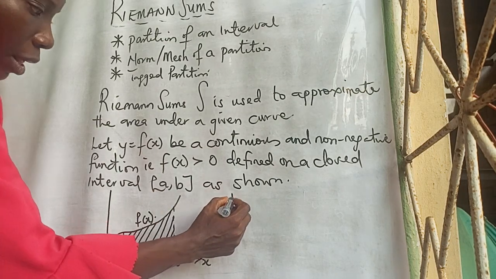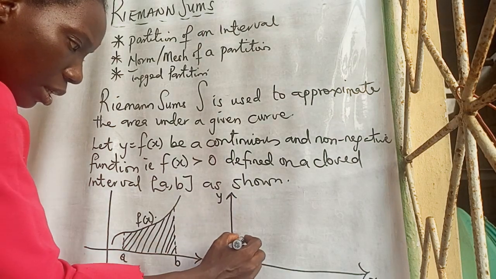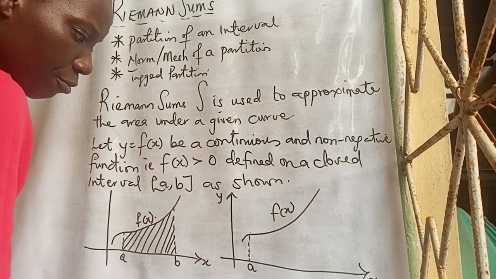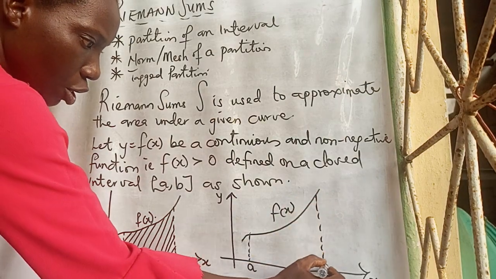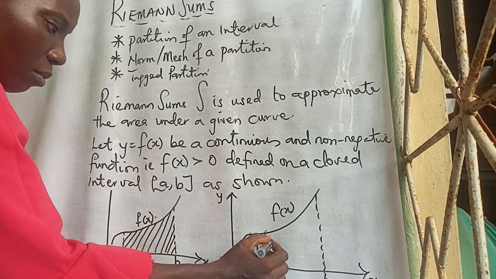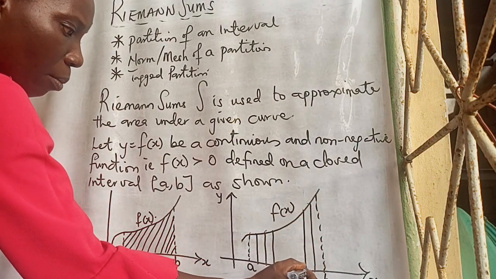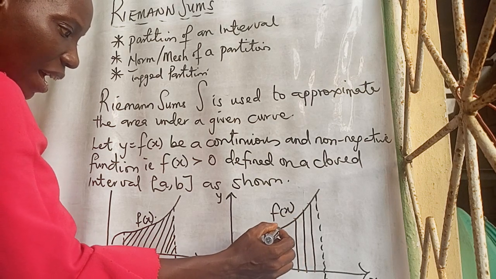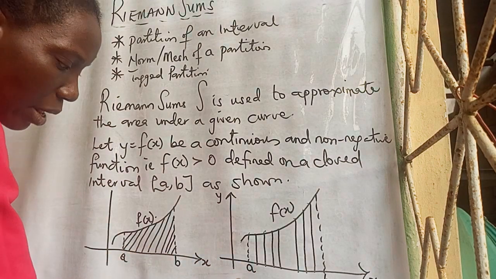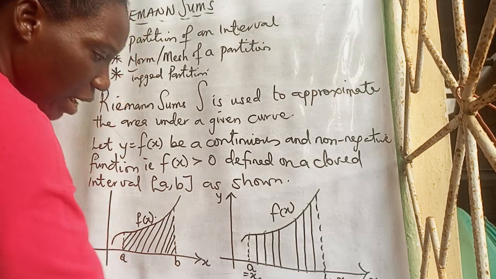To do this, if this is our curve again, that's our x-axis, that is our y, that is the curve f of x, spanning from the bound A to B. It means that we are going to divide or partition this area under the curve into sub-intervals spanning from A, which is equal to x of 0, to B, which is equal to x of n.